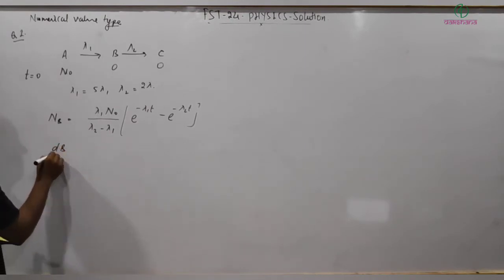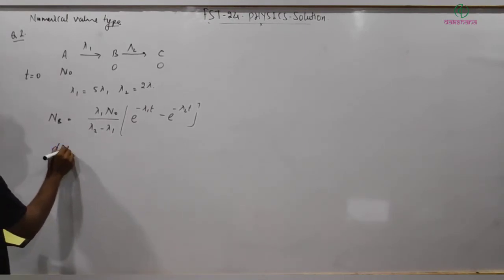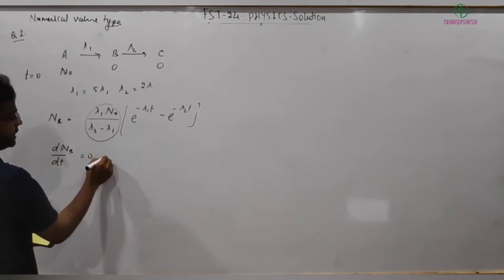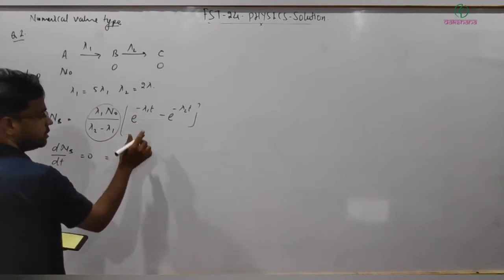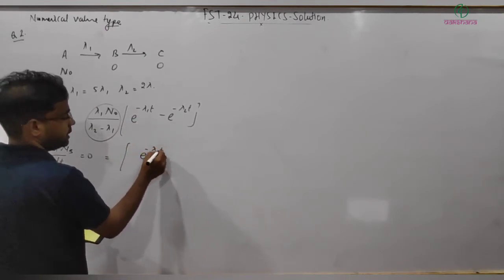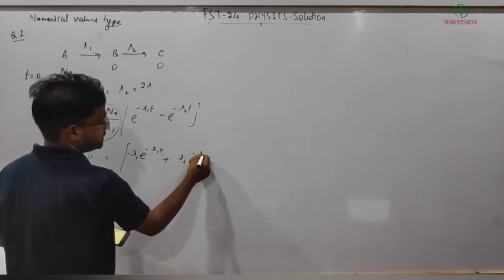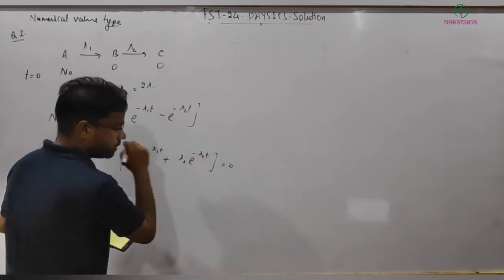Then it's talking about the maximum, so we can set dNB/dt equal to 0. This is a constant, simply we can take it out. So the differentiation of this is e^(−λ1 t) times λ1 minus λ2 e^(−λ2 t). This should be equal to 0.